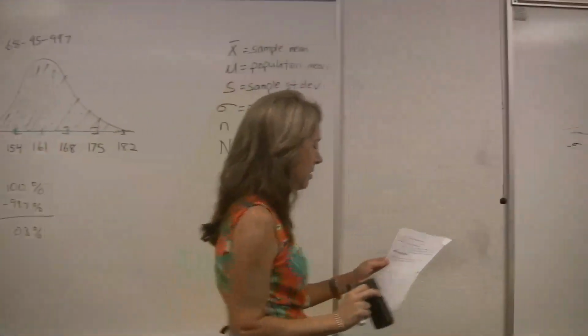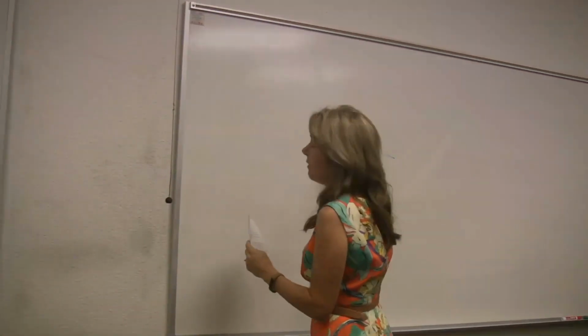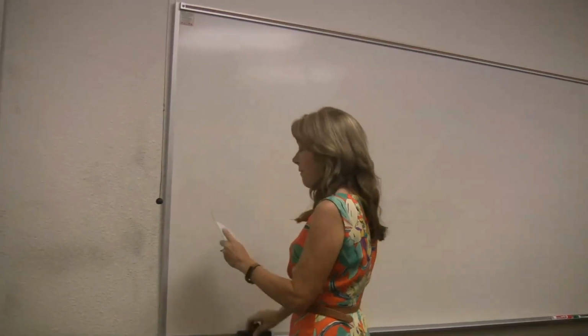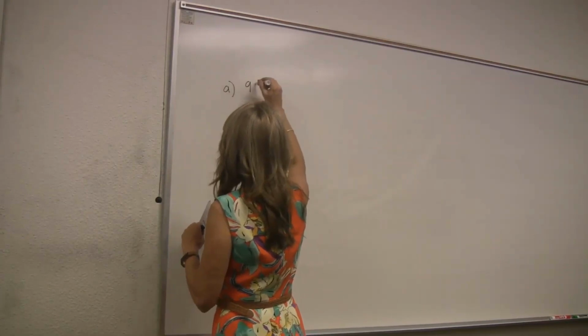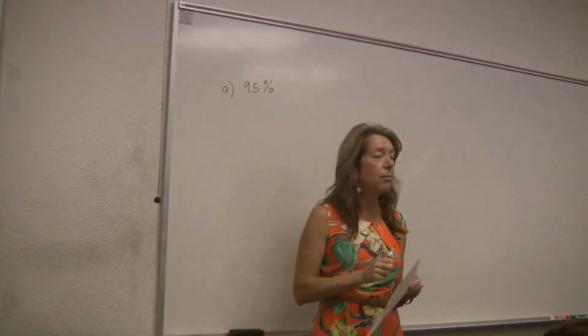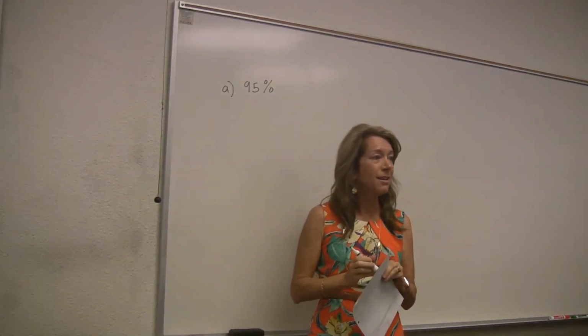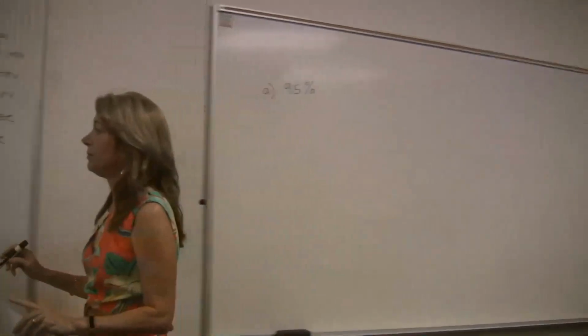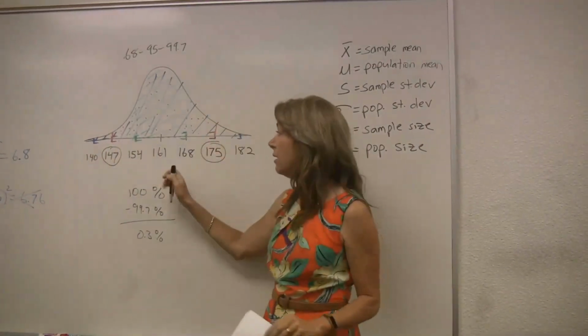What percent of women are between 147 and 175? I heard some people over here say 95%. Yeah, that's right. And she's agreeing with them. Where'd we get that? I didn't do any work. Because it's 2 values, 2 standard deviations from the mean. 147 to 175.